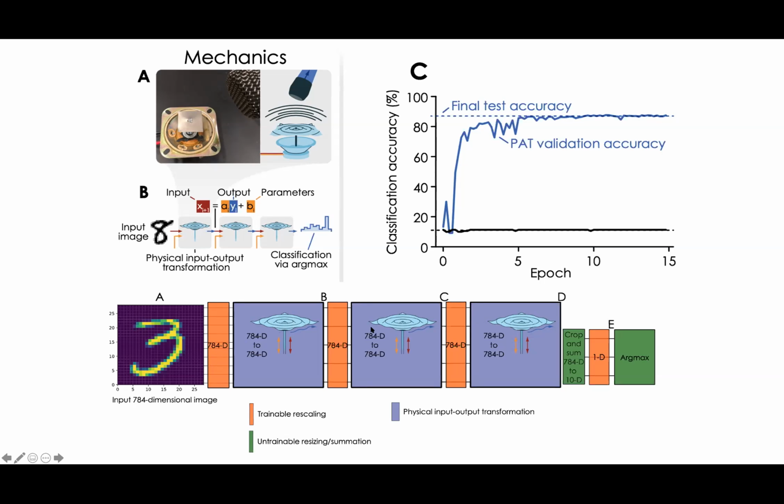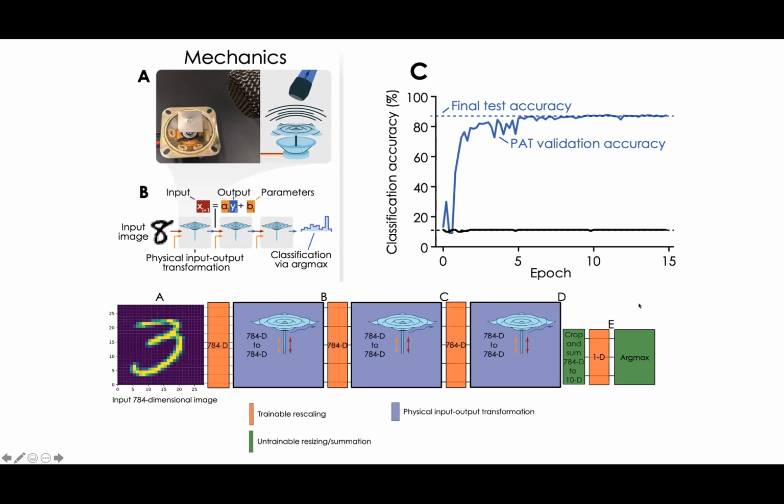Repeat it for 3 times, and in the end you crop, do the summation, and another 1D. I think here is a bit weird, I think it should be 10D. But anyway, it's a trainable rescaling, and then you do the argmax. That's it. Here they are showing the comparison. The blue one is the result for this system.